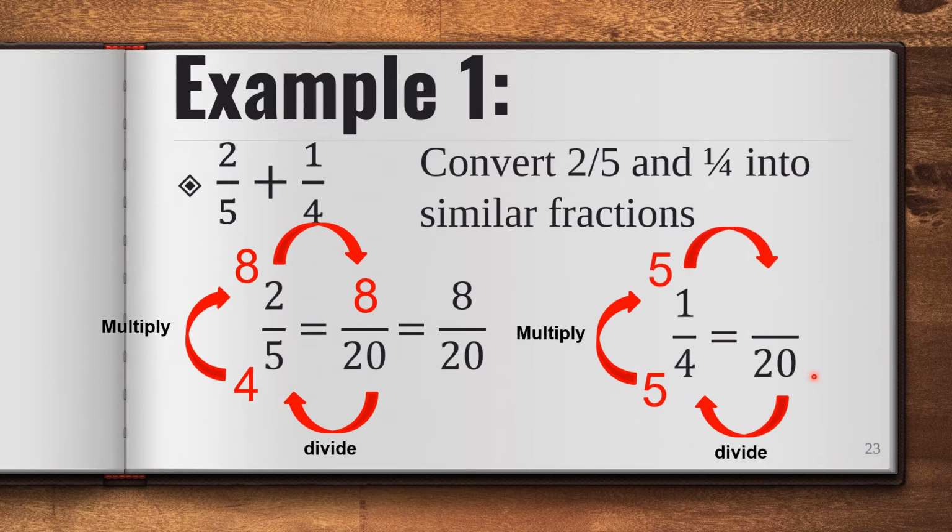And then you write that as the numerator of the new fraction, so we have 5 over 20. The equivalent fractions are 8 over 20 and 5 over 20. 2/5 is equivalent to 8 over 20, and 1/4 is equivalent to 5 over 20.